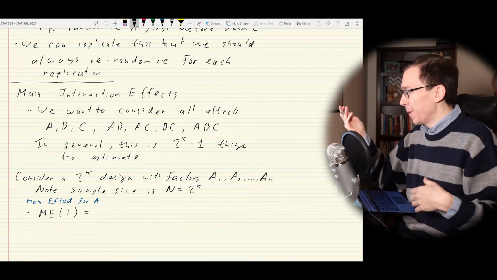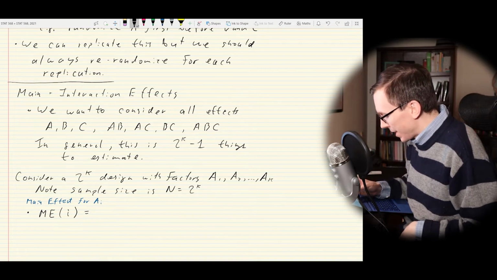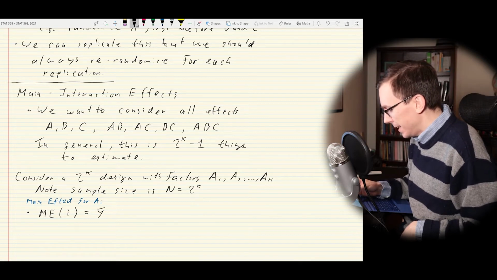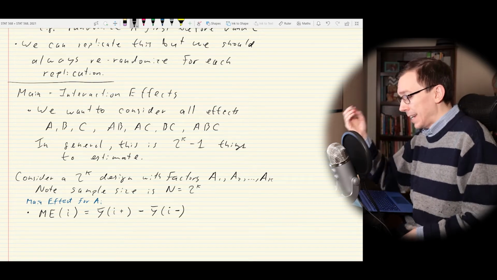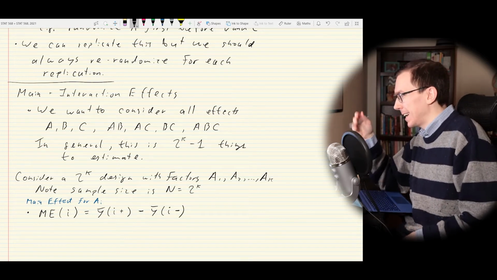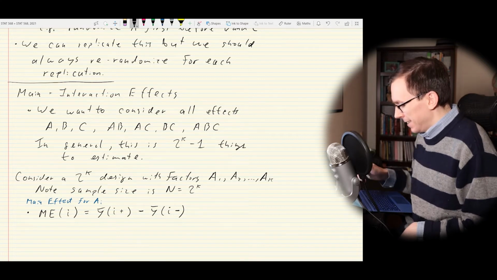So what do we do? Well, we average everything. We take y bar, we average all of the observations such that that factor I is at the plus level, and then we subtract the average where factor I or AI is at the minus level. So that's the notation we have here for I plus and I minus.